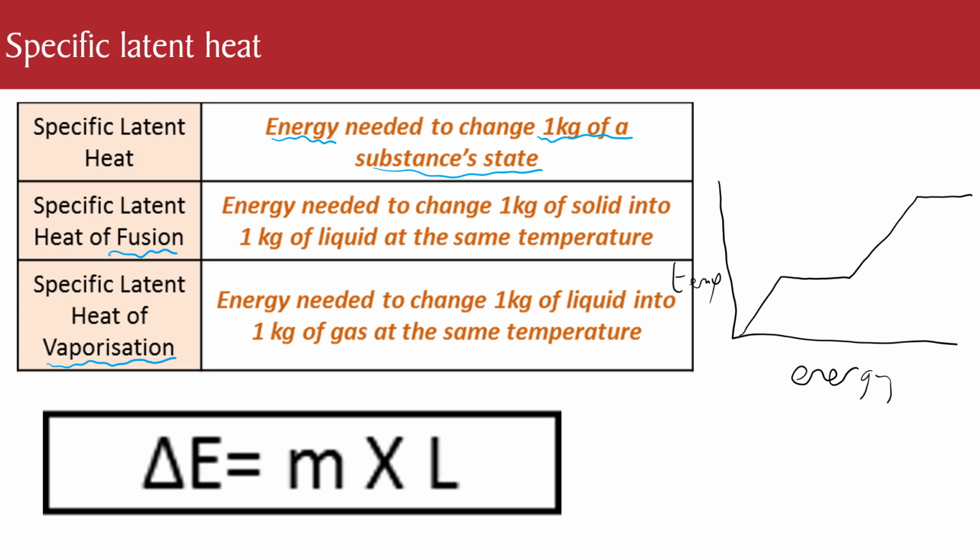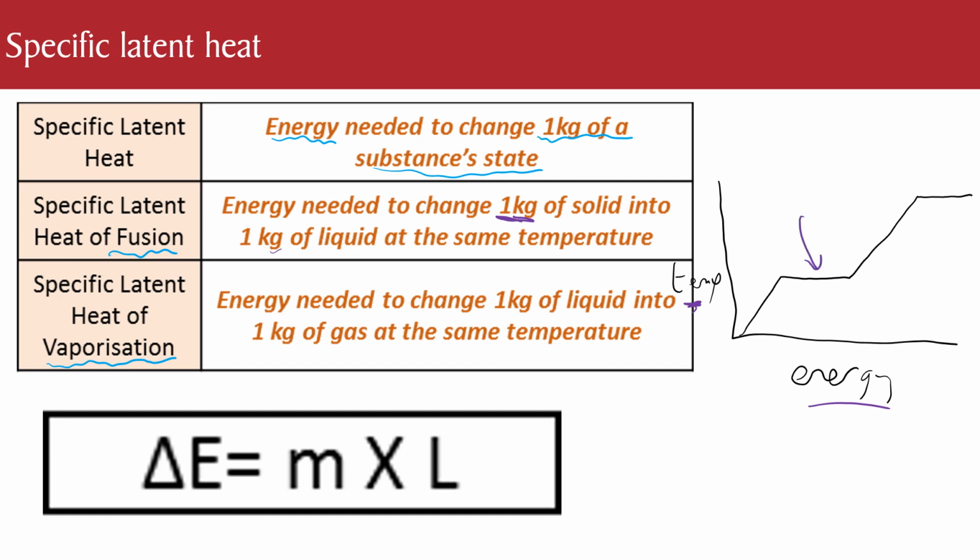On this right hand side, I've just drawn the graph that we had before, where we've got temperature at the side and energy across the bottom, and the graph goes up, flat, up, flat. So the specific latent heat of fusion is the energy needed to change 1 kilogram of solid into 1 kilogram of liquid at the same temperature.